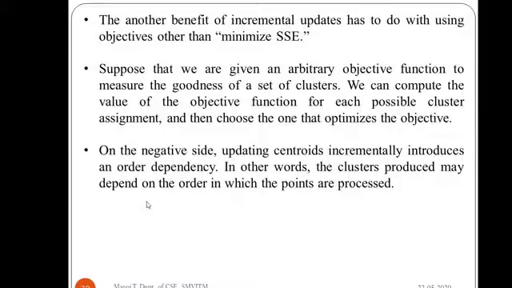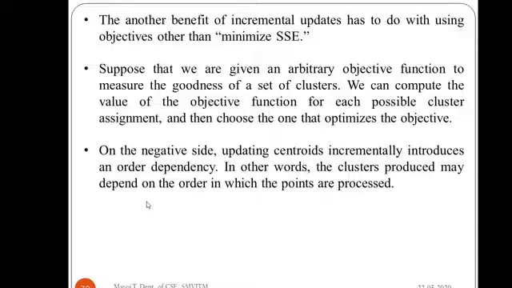Another benefit of the incremental updates has to do with using objectives other than minimizing the SSE. Till now we had the objective function of minimizing the sum of squared error. If we use incremental updates, we can go with other objective functions also. Suppose we are given an arbitrary objective function to measure the goodness of a set of clusters.